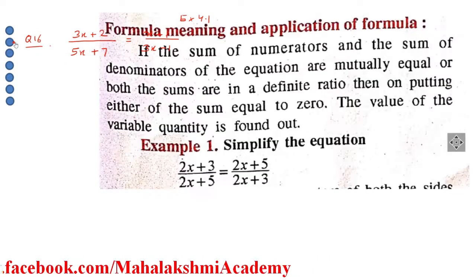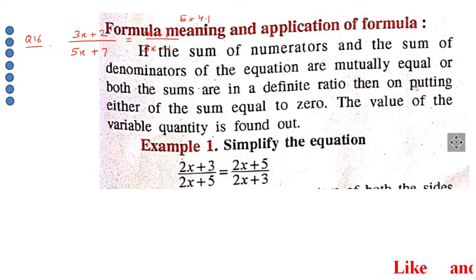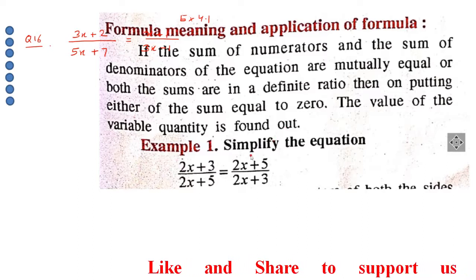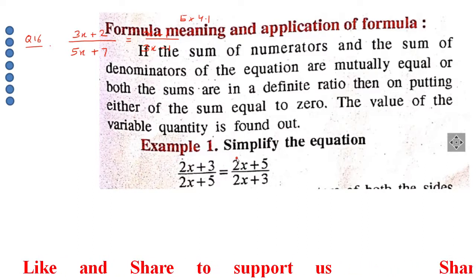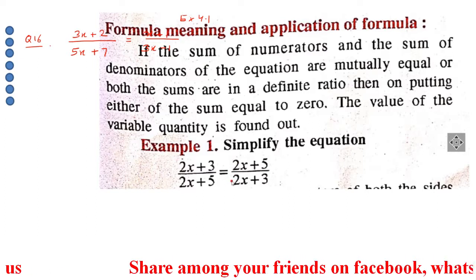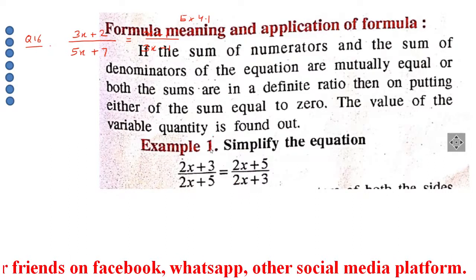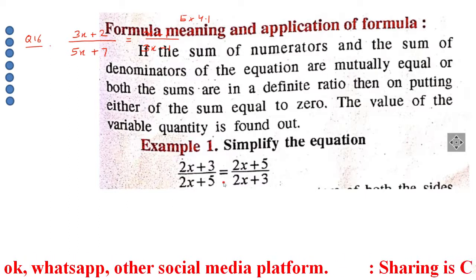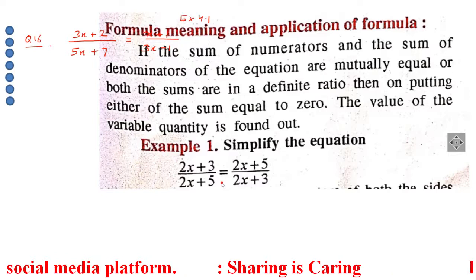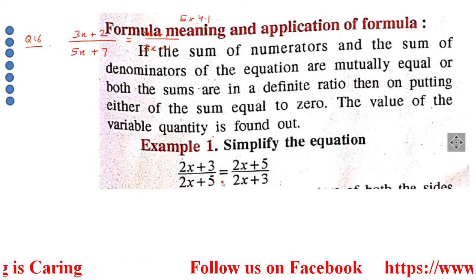The fourth meaning of the application says that if the sum of numerators and the sum of denominators of an equation are mutually equal or in definite ratio, then on putting either of the sums equal to 0, the value of the variable is found.